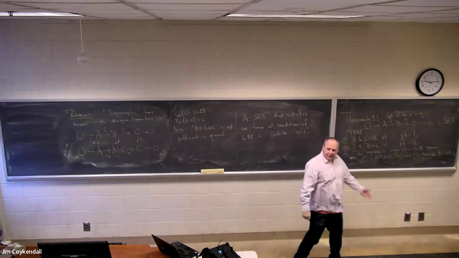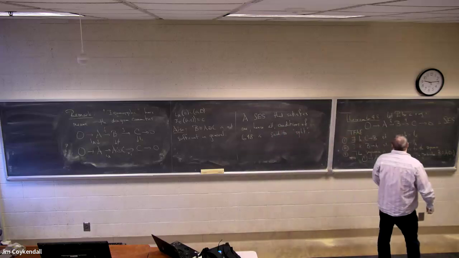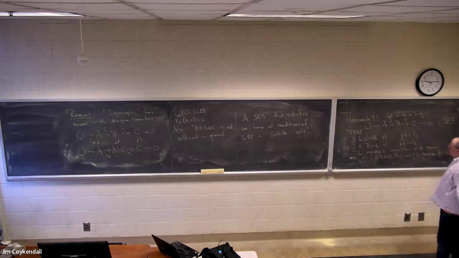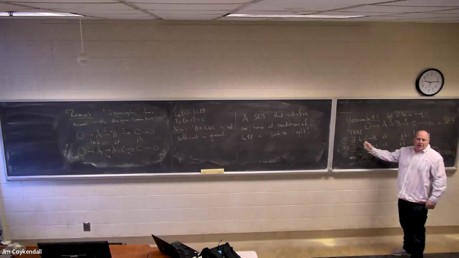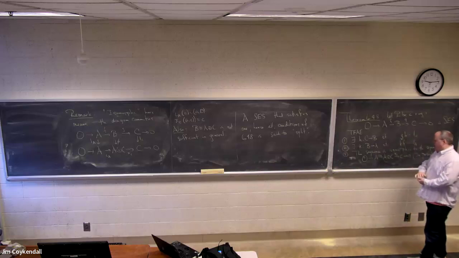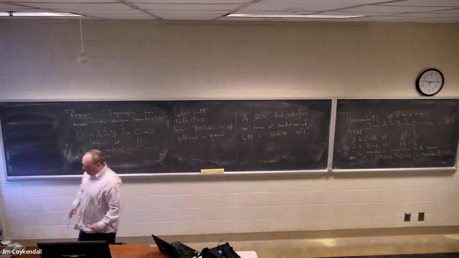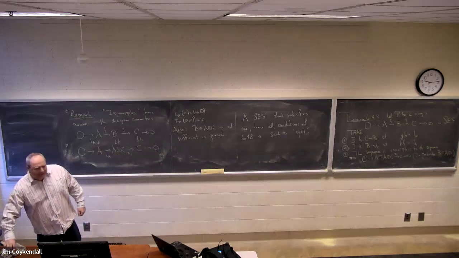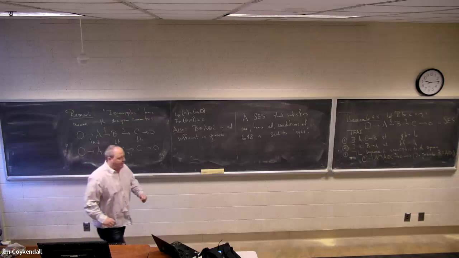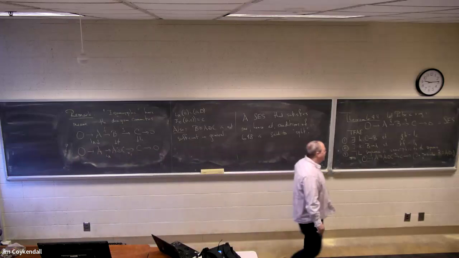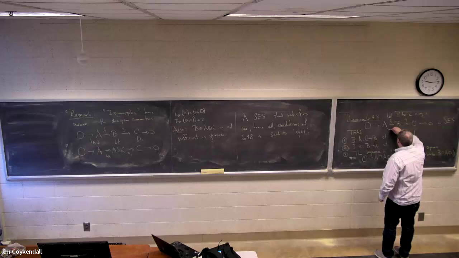Or sometimes I might say a split exact sequence. And these maps right here that go backwards and compose to the identity are sometimes called splittings. Intuitively, it also means that you can run the exact sequence in reverse.